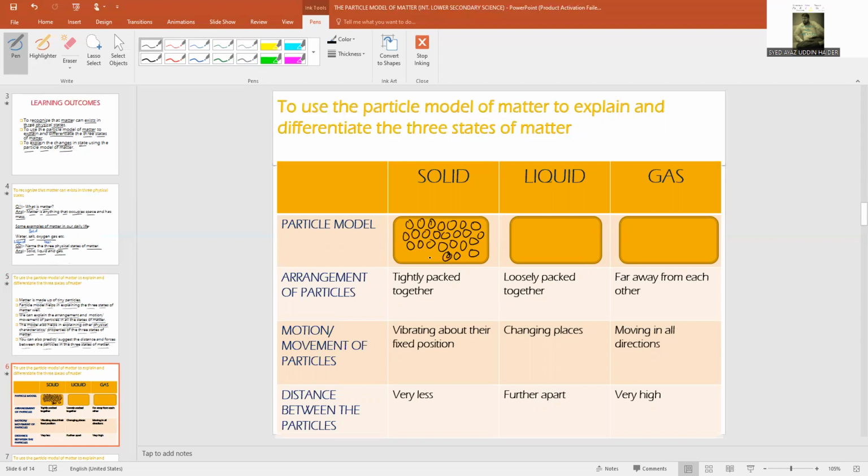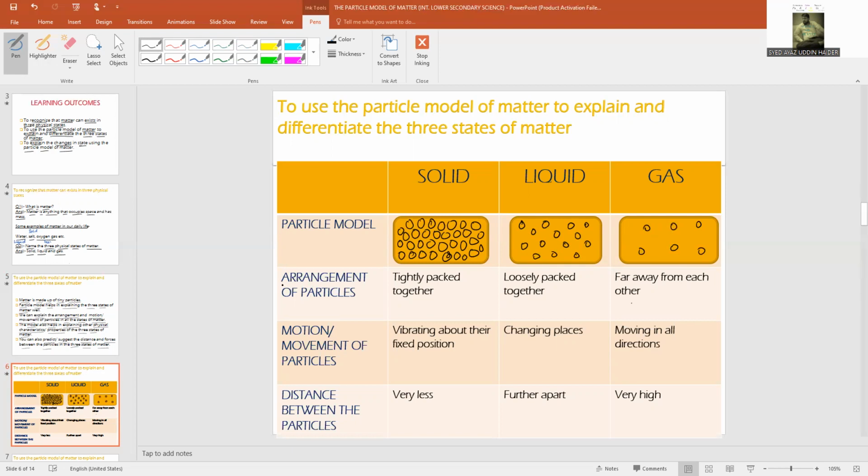They are not as tightly and closely packed as in solids. Now, in case of gas, the particles are very far away from each other. They have a random arrangement.